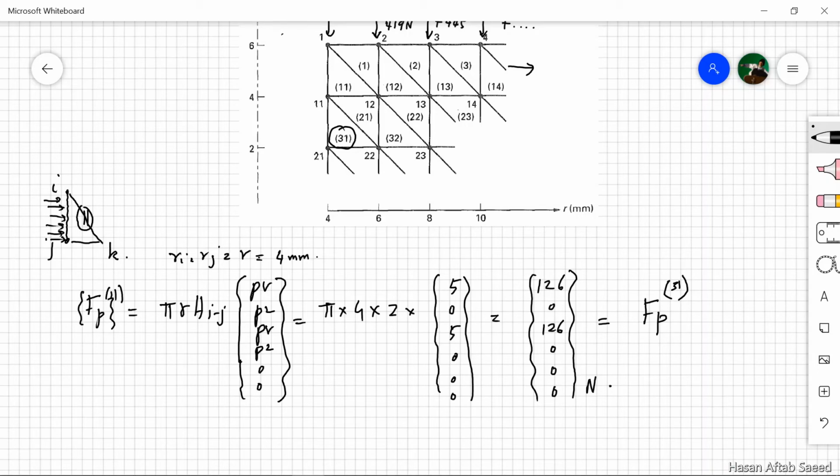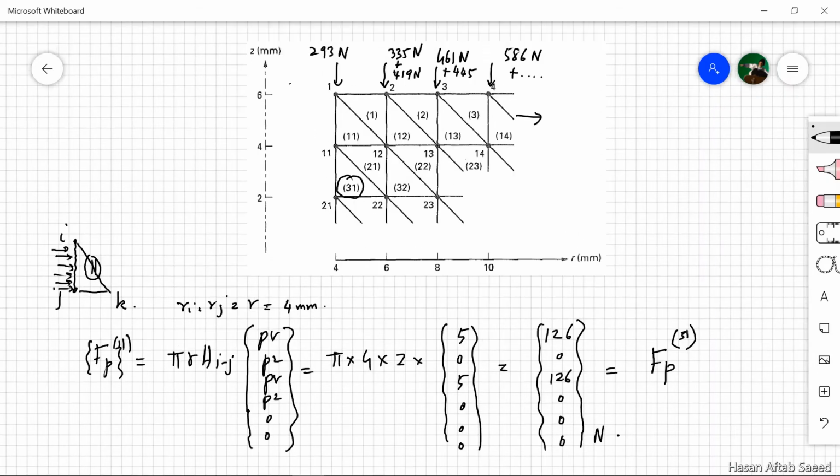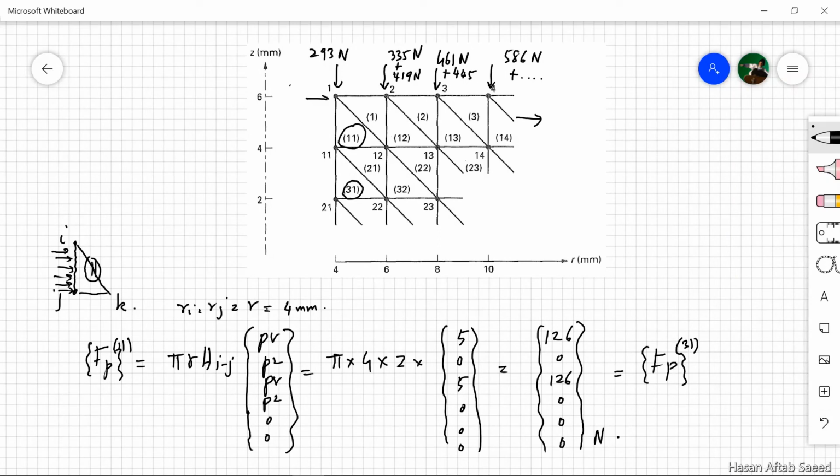So if we are to plot these nodal values, you have 126 newtons, 126 newtons. This is element 11. When it comes to element 31, again the same values. So here you get superimposed on the first one, and then you have 126 newtons here. And if you are going to go in this direction, then maybe you have to add on the values. So this brings us to the end of this problem.